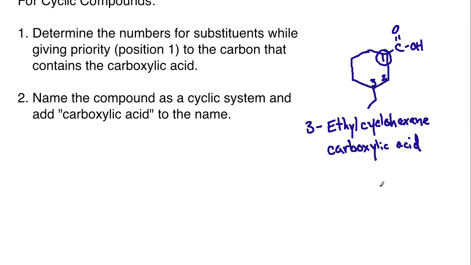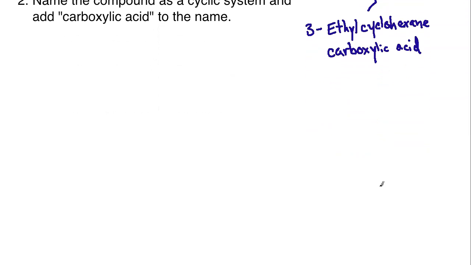So what I'm going to do now is provide some examples and I'll draw these out. I want you to pause the video and see, using the rules that we just went over for naming compounds, can you figure out the name of these structures? Let me put this here. We'll give you one cyclic, and let's give you an open chain one as well. Let's make it a little bit longer with some other substituents this time.